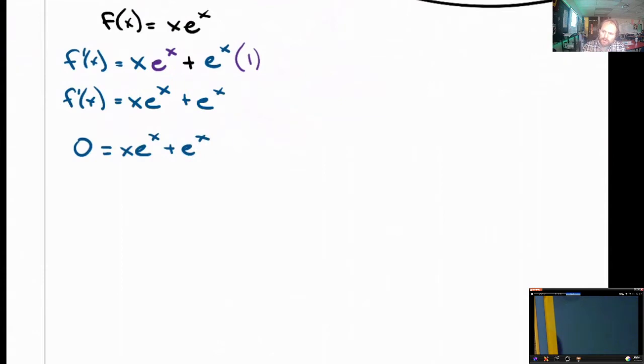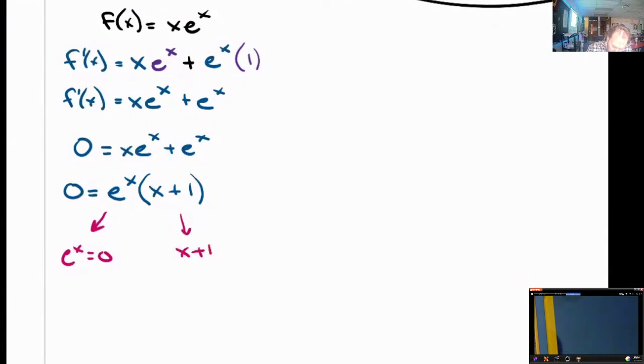We could subtract e to the x over, and that brings up some suggestions, but we never want to cancel out a variable that we're trying to solve for. So the best way to solve this problem would be to factor out e to the x, which would leave us with x plus 1, like this. I like this because now we have two things multiplied together that equal 0. And this means that we have two cases: either e to the x equals 0 or x plus 1 equals 0.